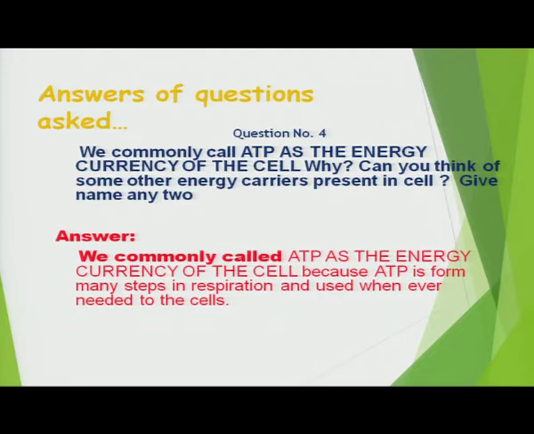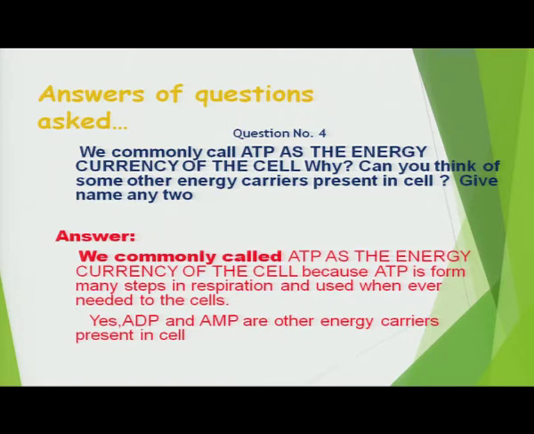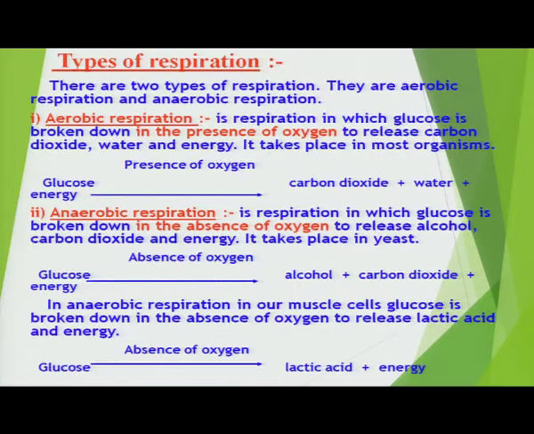So, ATP acts as an energy currency of the cell, because it helps in the various metabolic processes where ATP is needed. Besides ATP, ADP, adenosine diphosphate, and adenosine monophosphate are the other carriers present in the plant cell, which also act as energy currency.